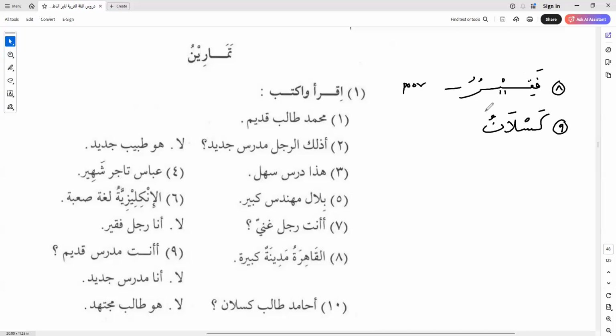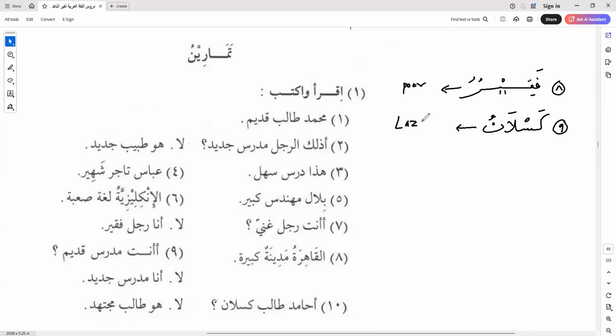You can say كسلان with one dhamma, or you can say it the other way. It depends, but the meaning is the same. We don't have time to go to the grammatical nitty-gritty of it, but Dr. Abdul Rahim is using كسلان, so let's stick with it.